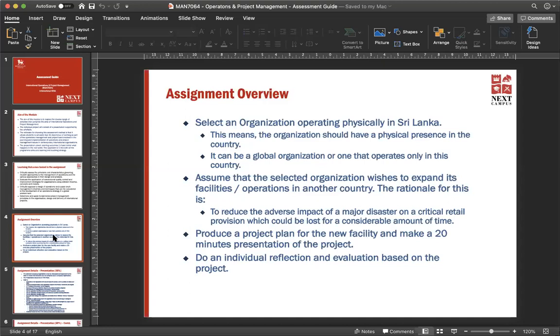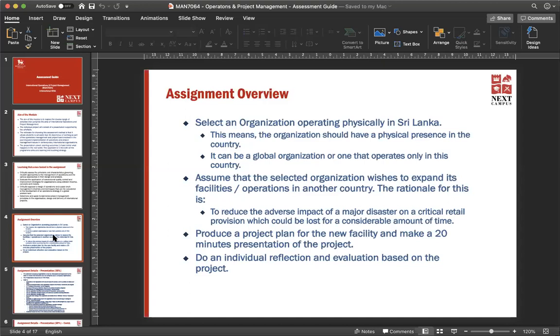Now, in this case, a major disaster could be a flood or earthquake, or other stormy weather, or hurricanes. You can even talk about COVID-19 as well, but COVID-19 is not limited to a particular country, so you can't actually use that as an excuse.